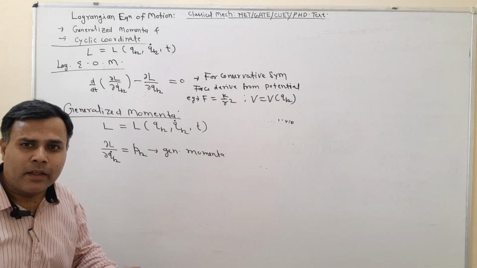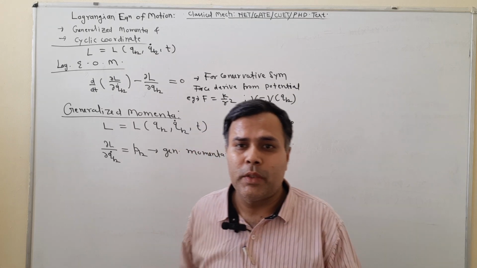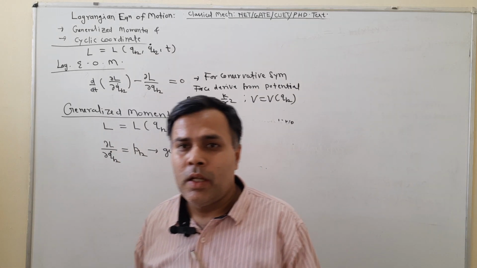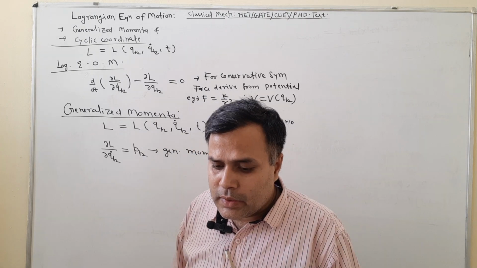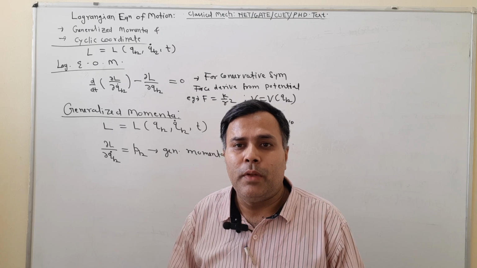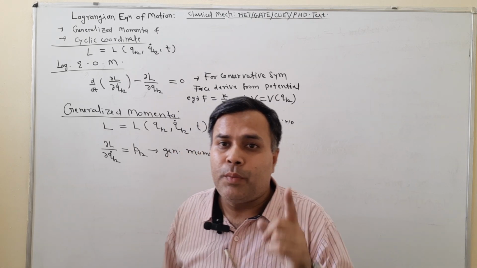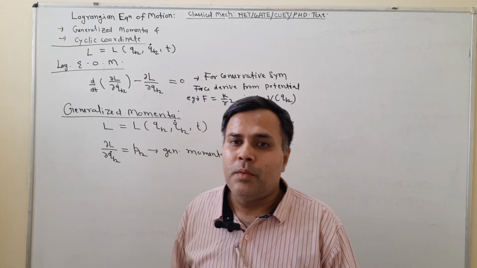pk is the generalized momenta. It could be anything. I have already explained the meaning of generalized coordinate. Generalized coordinate is basically the number of independent coordinates required to specify the motion, and it could be any quantity. It is not necessary that it has only the dimension of length. It may have the dimension of velocity, or the dimension of force. But once we fix the generalized coordinate, the corresponding generalized velocity is automatically fixed.